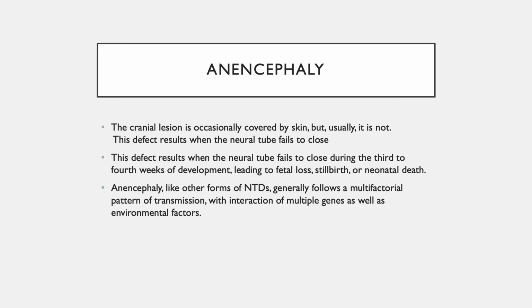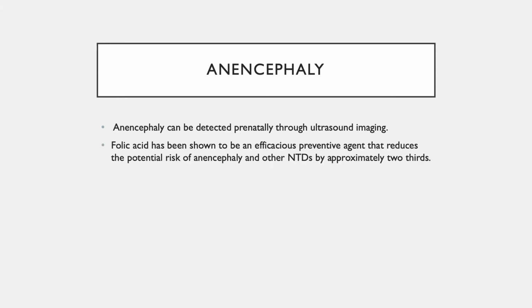Generally, anencephaly occurs due to multifactorial causes. Even though it is a neural tube defect, there may be an interaction of multiple genes as well as environmental factors. It can be detected prenatally through ultrasound images, and folic acid has been shown to be an efficacious preventive agent that reduces the potential risk of anencephaly and other neural tube defects.